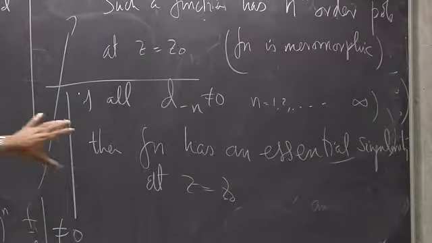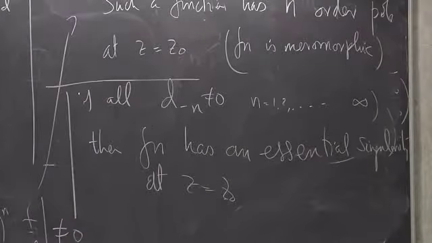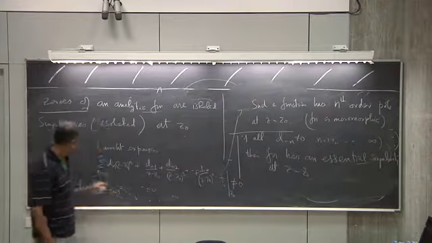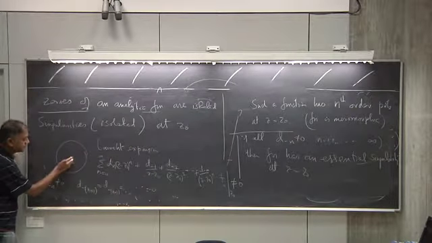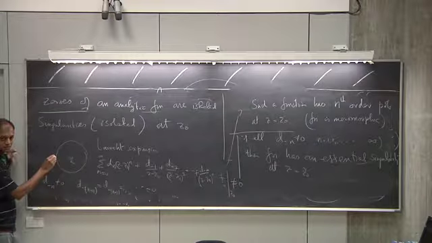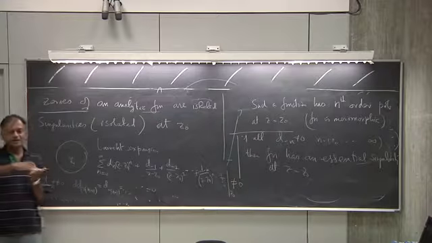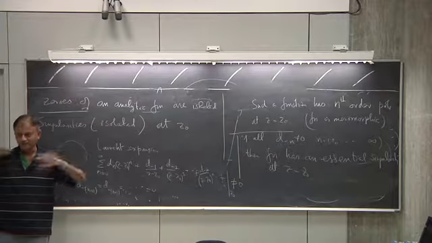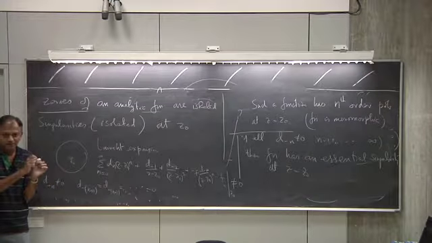These essential singularities are really bad, because if all these coefficients are not zero, then you can prove that even in a tiny neighborhood around z0, the function f of z can take any value in the entire complex plane. It can become any complex number inside the smallest neighborhood.